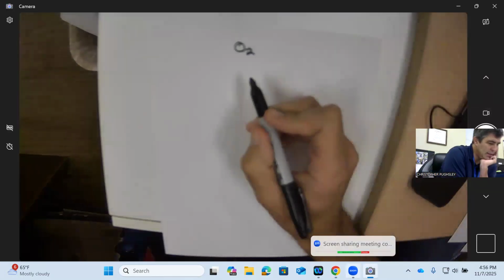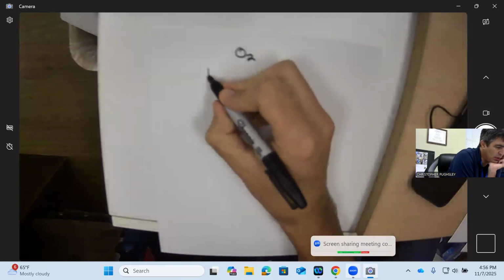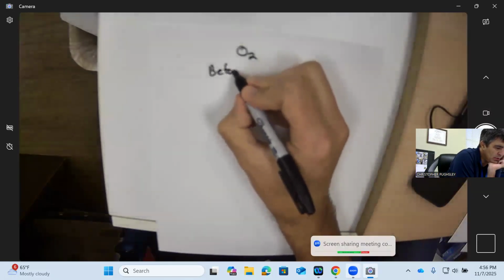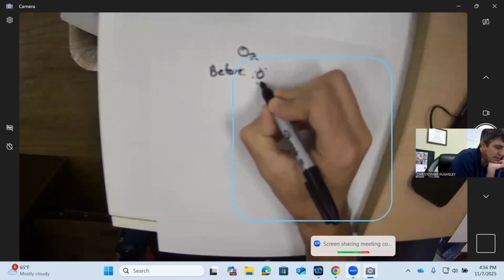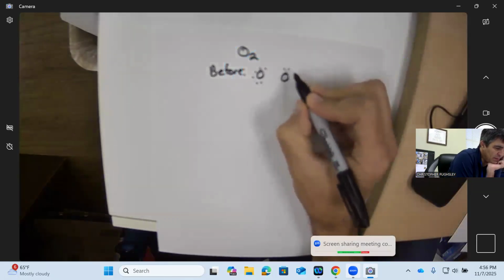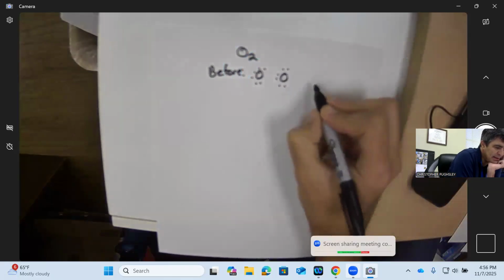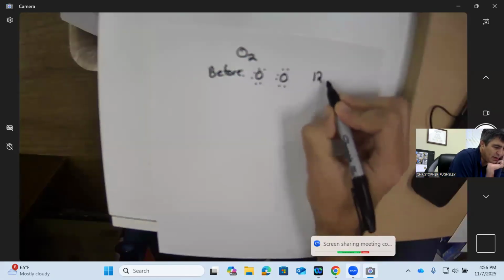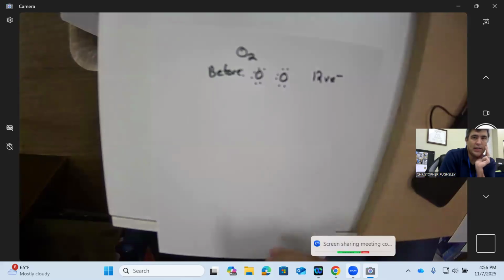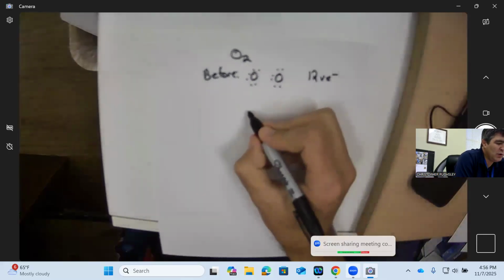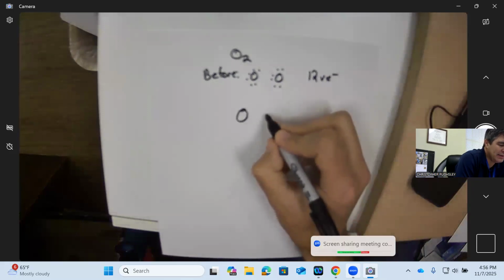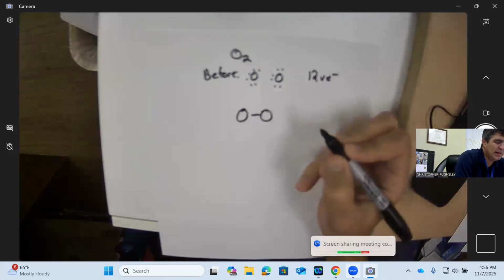If we did the before, each oxygen has 6 valence electrons, and that gives a total of 12 valence electrons. We really can't put one in the middle, so I'm just going to do oxygen and oxygen and then bond them together.